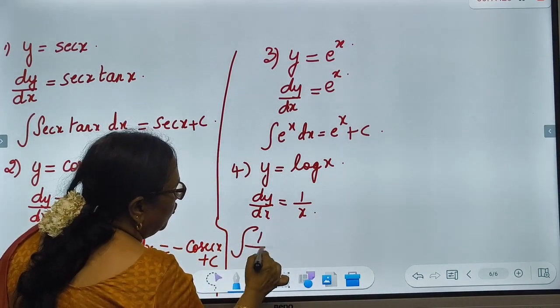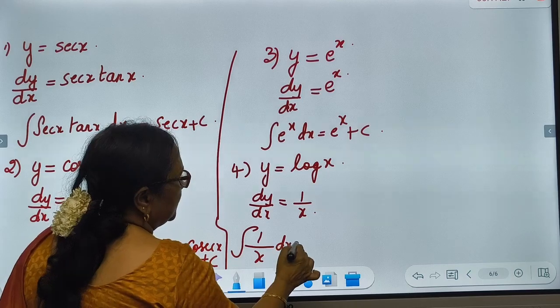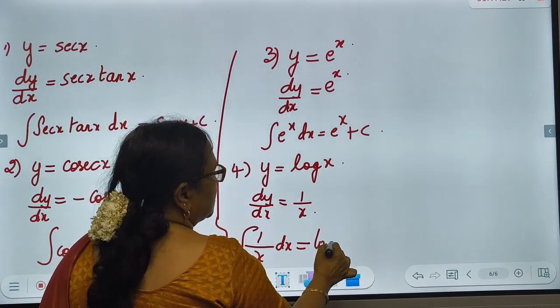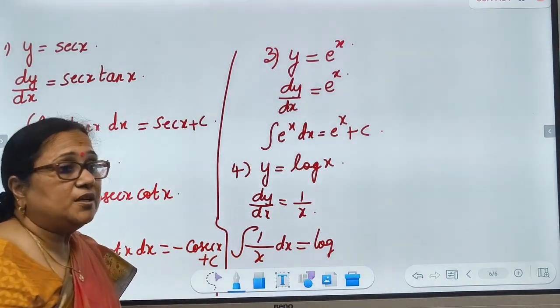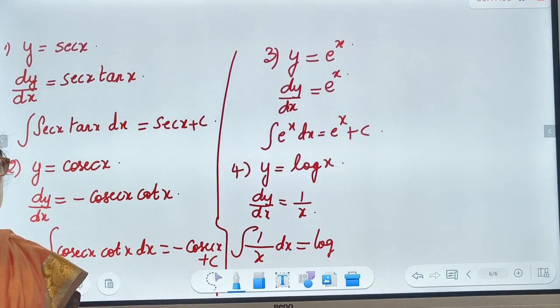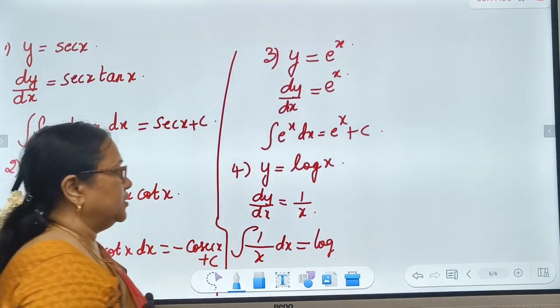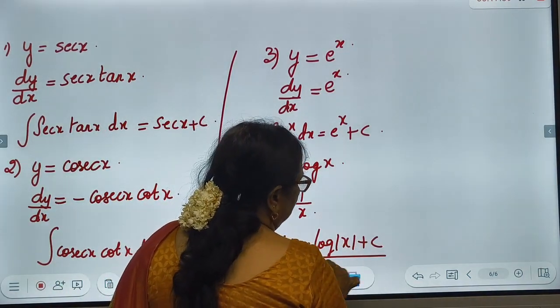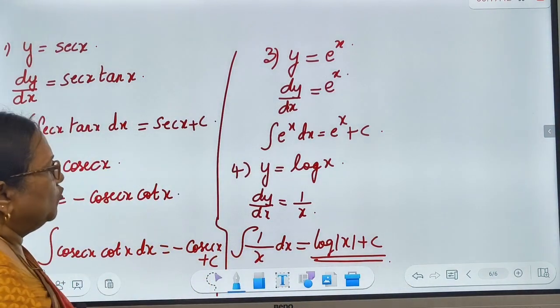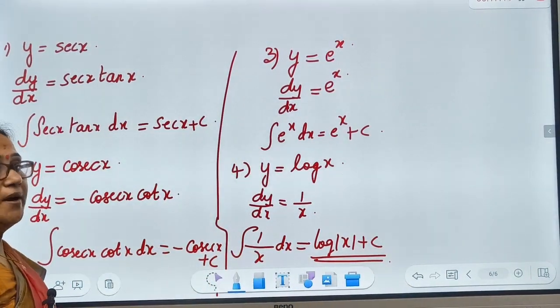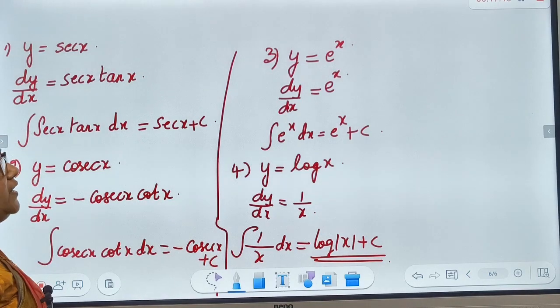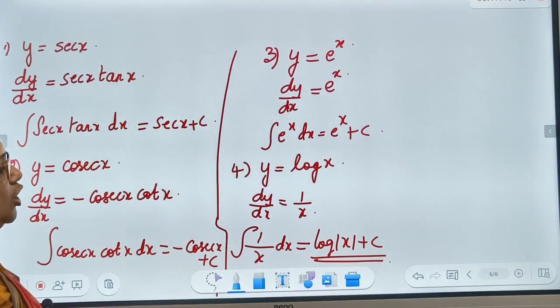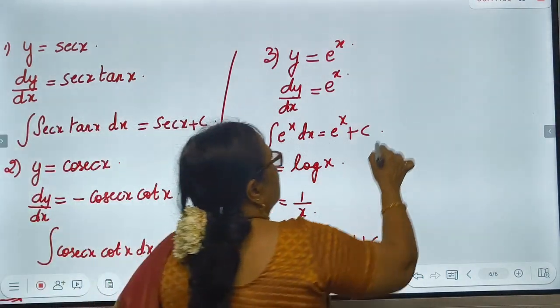So integral of 1 by x dx is not just log x, because the domain of the logarithmic function is positive real numbers. So log mod x plus c, which is very, very important. So if y equals log x, dy by dx is 1 by x, and integral of 1 by x dx is log mod x plus c.